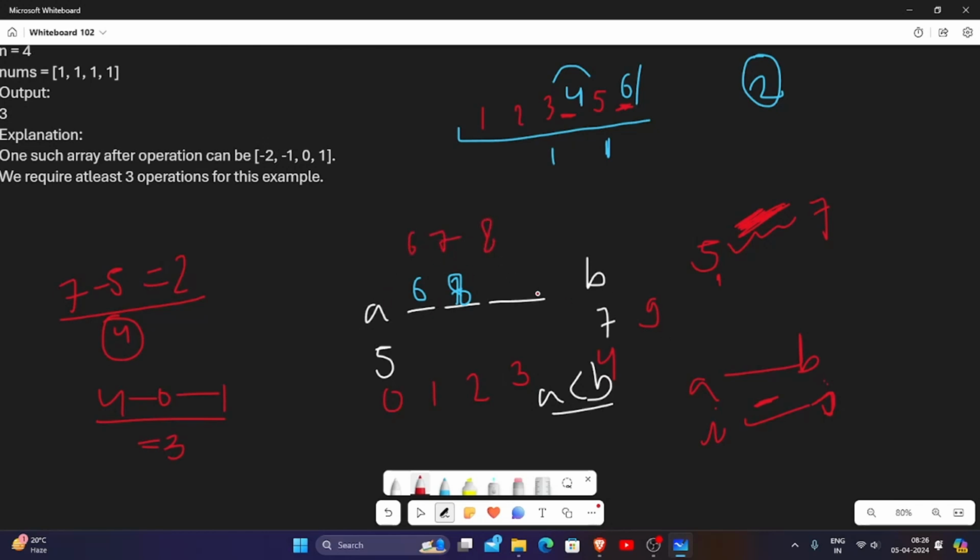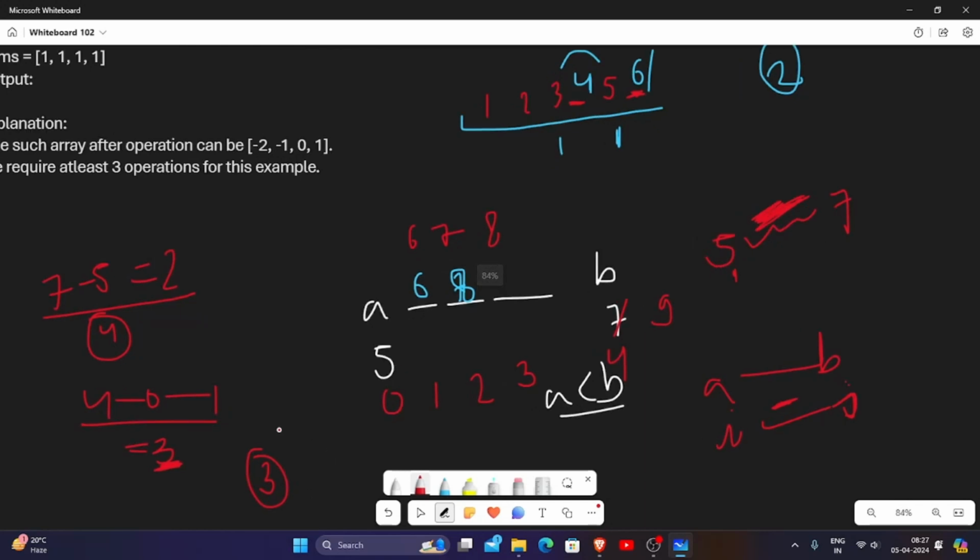This is the minimum. At least the difference should be 4 in order to fulfill this between 5 and 9, because if I have three elements in between, I should have at least 4. If I need to fulfill three elements, the difference between those two fixed bounds should be this requirement plus one. Why?